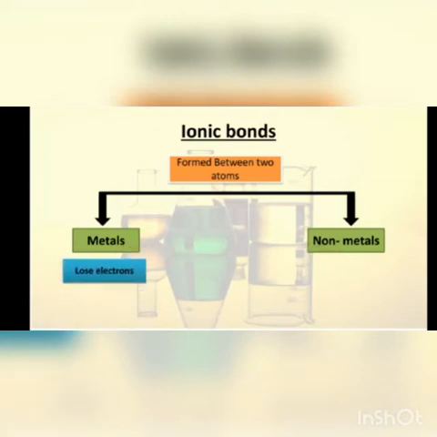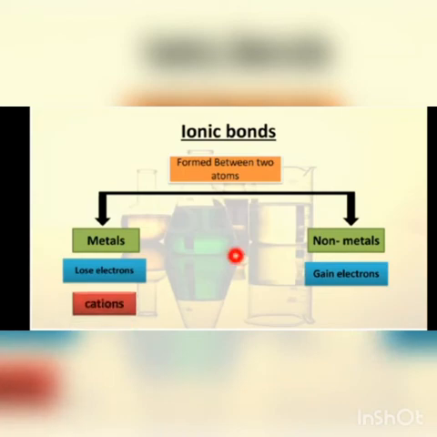So let's see. Metal in the ionic bond will lose the electron, means metals have the tendency to lose electrons. Non-metals have the tendency to gain the electron. When metals lose electrons, these non-metals will gain those electrons. In this way, metals by losing the electron become cations and non-metals become anions.